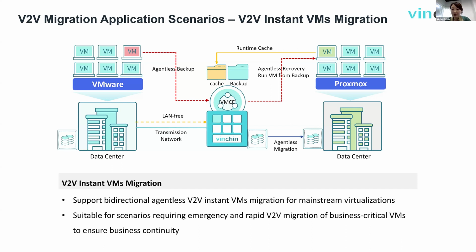Then during the business off time, you can simply perform the normal migration job to migrate the storage of the instant virtual machine to the production area. So in this way, both the business continuity and the data consistency of the virtual machine can be guaranteed.